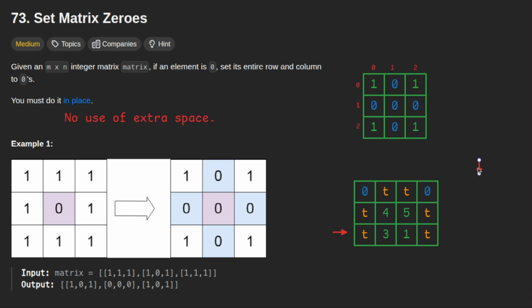So since we have come out of bound here for both the pointers, row and column, what we are going to do is iterate once again, right? And what we will be saying is convert all the t to 0, right? So it will become this.